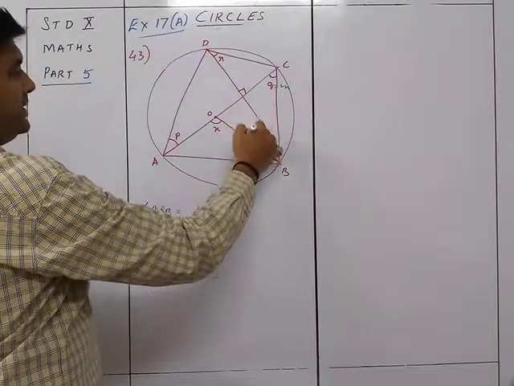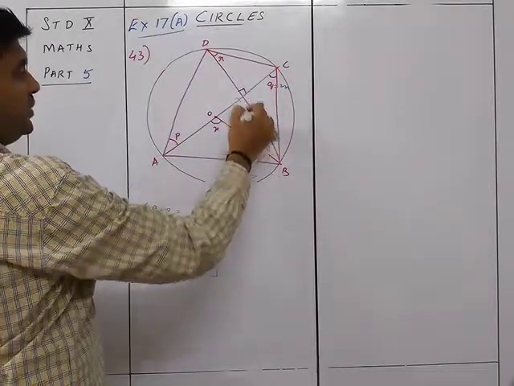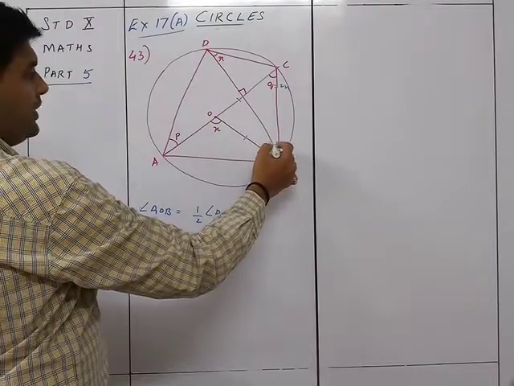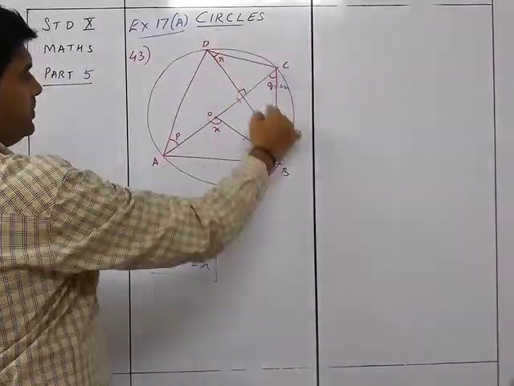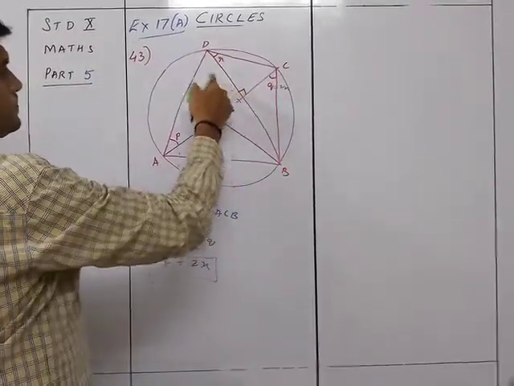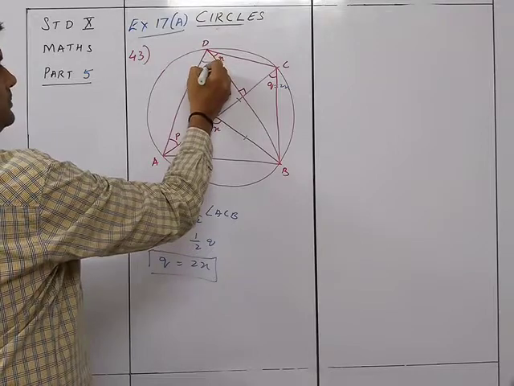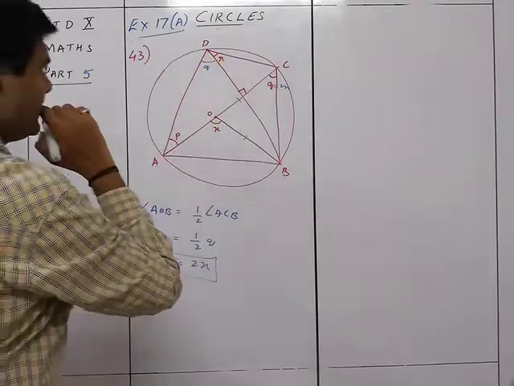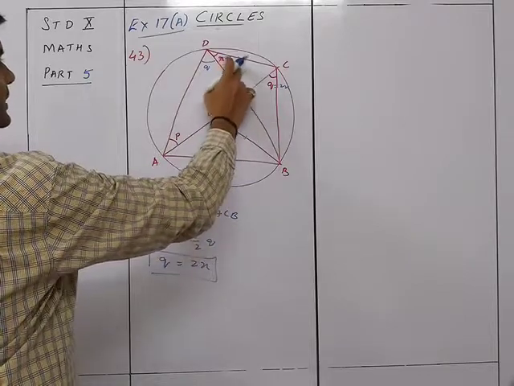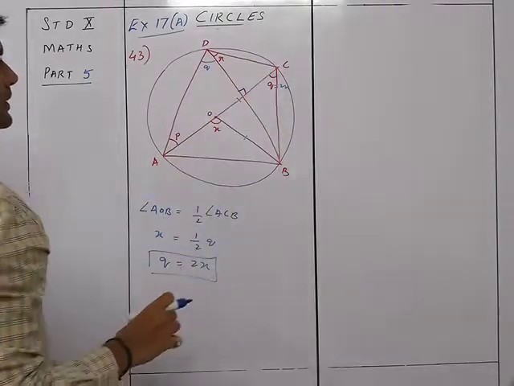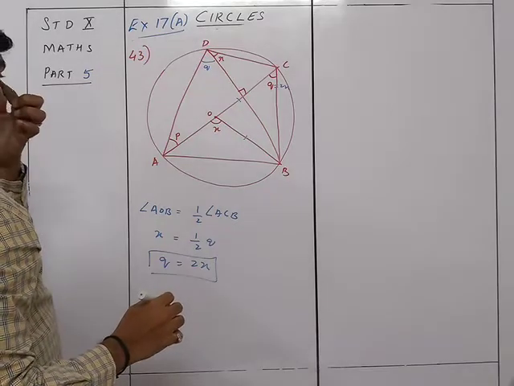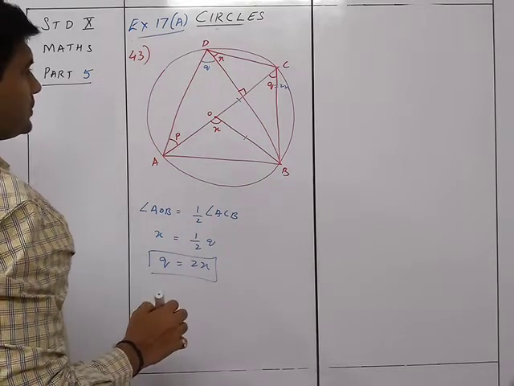Now these are the radius, so this and this are equal, so this will also be Q. Also, no use. Now this part, this will be Q over here. Q plus R, 90 minus R. We'll get more work from this.